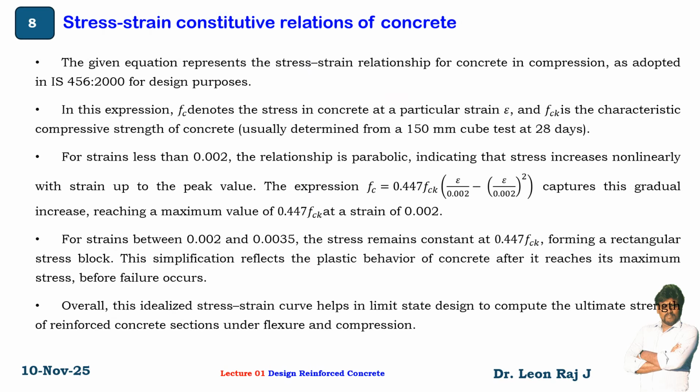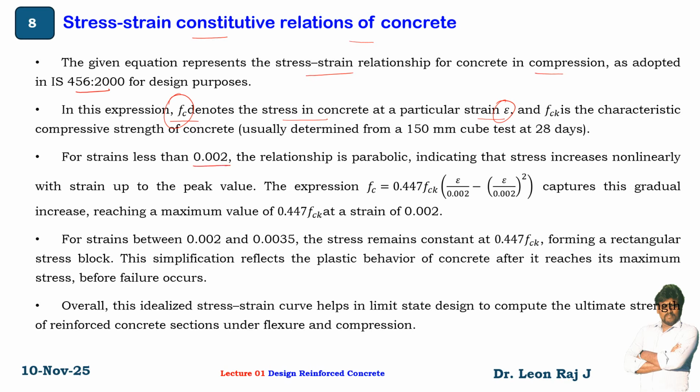The stress-strain constitutive relations of concrete. The given equation represents the stress-strain relationship of concrete in compression as adopted in IS 456-2000. In this expression, Fc denotes the stress in concrete at a particular strain epsilon. So if you know the strain, you can find the stress. If you know the stress, you can find the strain. FCK is the characteristic compressive strength obtained from the 150 mm cubes.